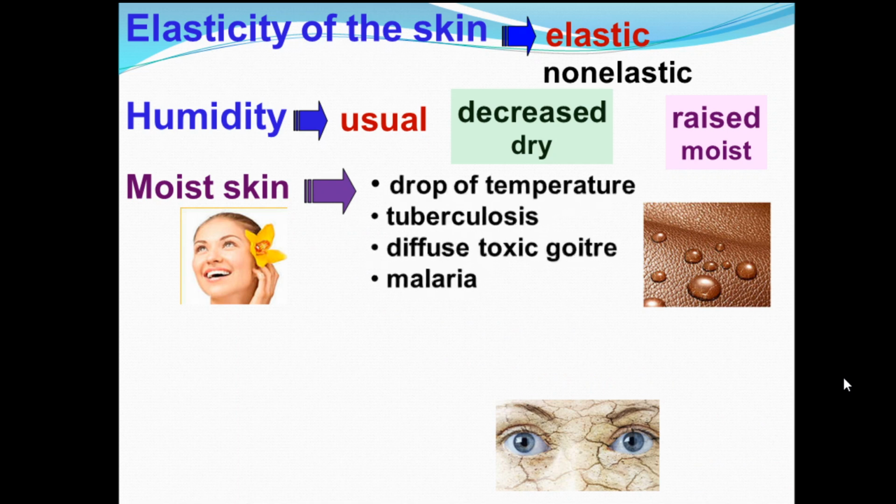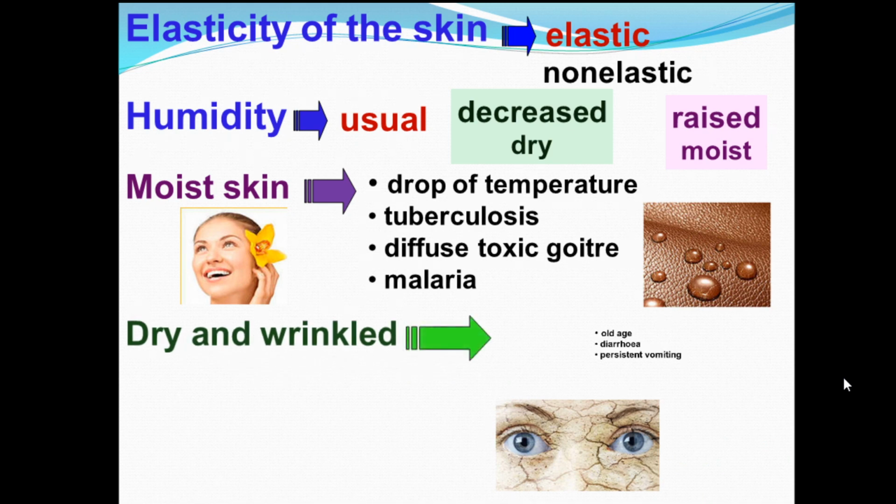Moist skin is characteristic for the patient with decreased body temperature, usually in crisis period. Patients with tuberculosis, diffuse toxic goiter, malaria are also characterized by moist skin.